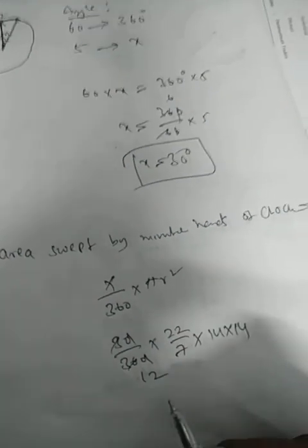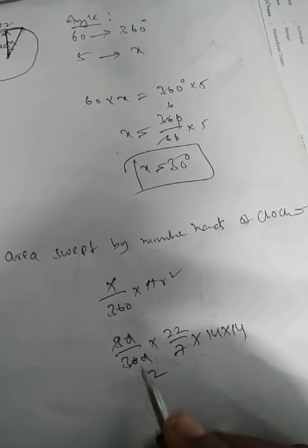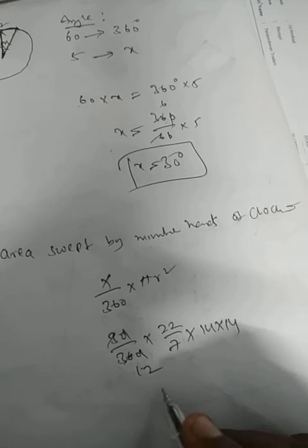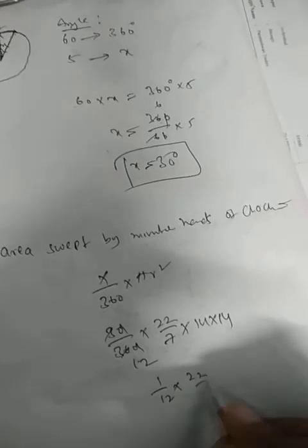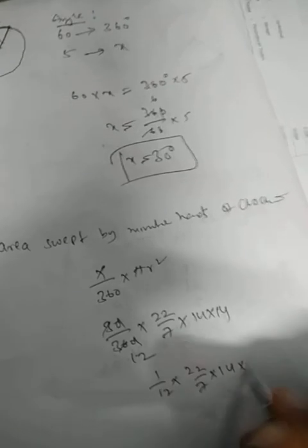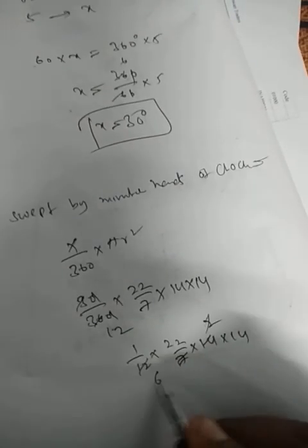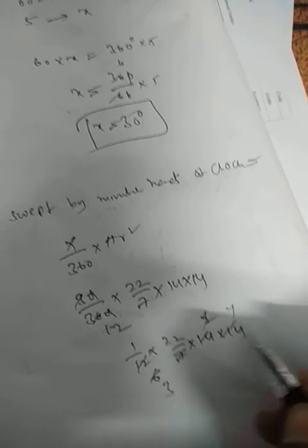Now it will become 1 by 12 into 22 by 7 into 14 into 14. 7 1s are 7, 7 2s are 14. Here only I can cancel actually. 2 1s are 2, 2 6s are 12. Next 2 3s are 6, 2 7s are 14.